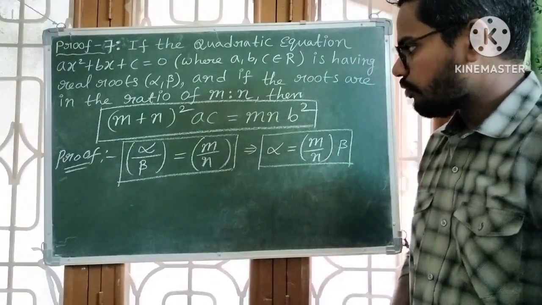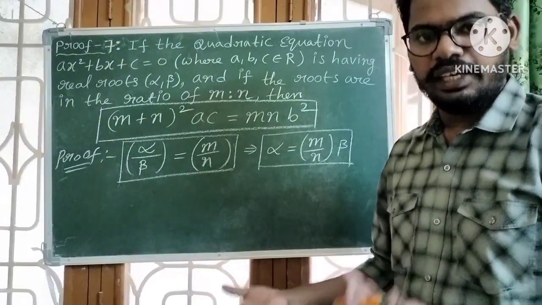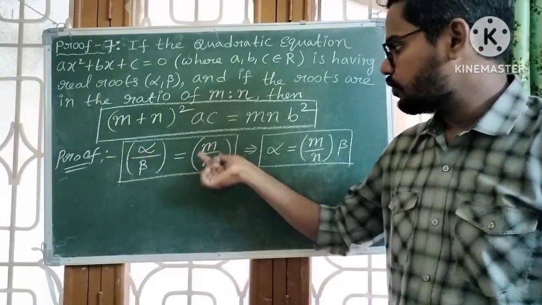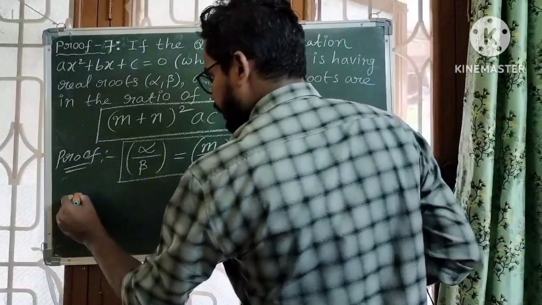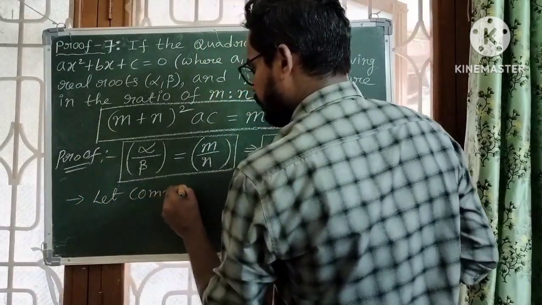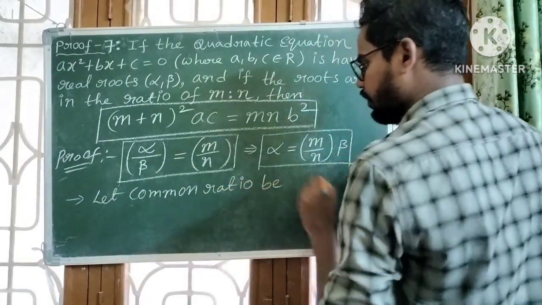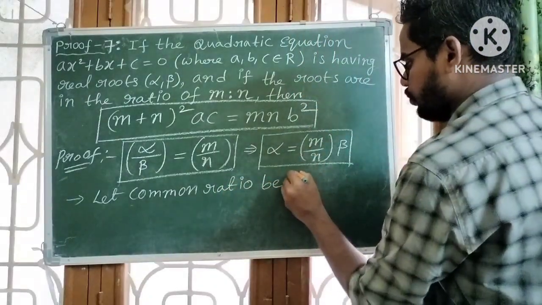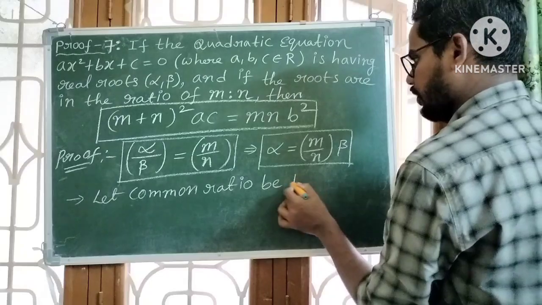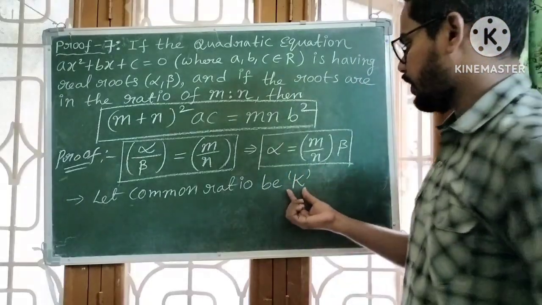Anyhow, let us consider the common ratio. Here alpha and beta are in the ratio m is to n. So let the common ratio be some k.